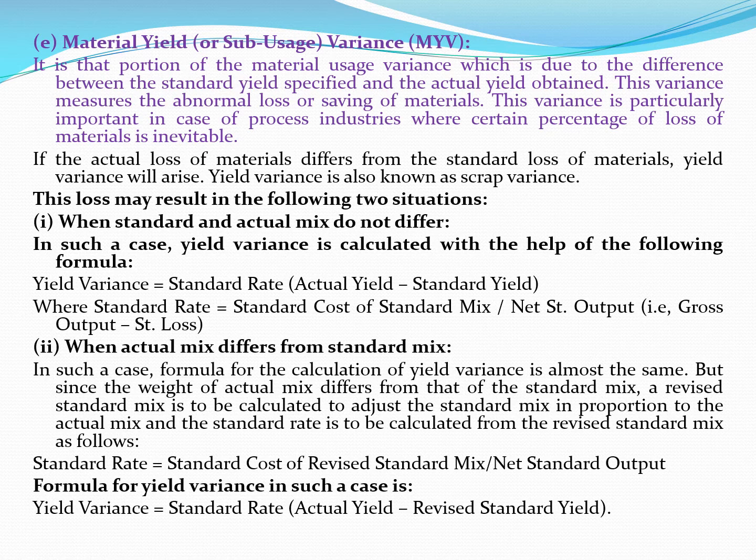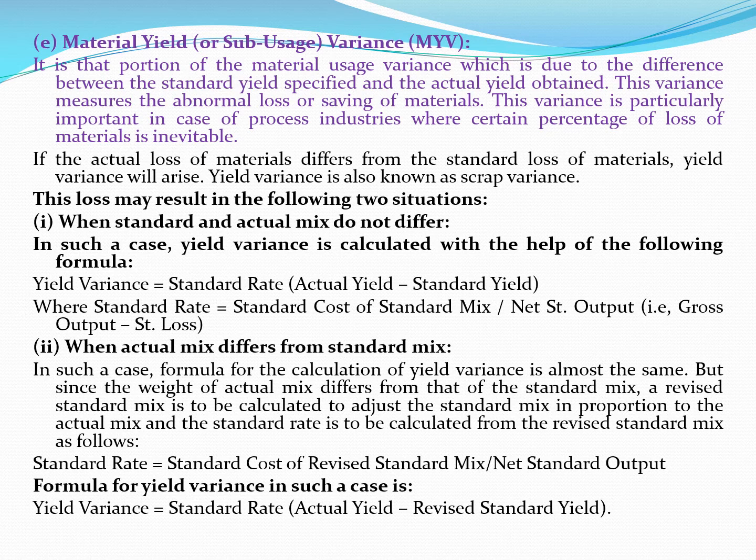The second situation is when the actual mix differs from the standard mix. In such a case, the formula for the calculation of yield variance is almost the same, but since the weight of actual mix differs from that of the standard mix, a revised standard mix is to be calculated to adjust the standard mix in proportion to the actual mix, and the standard rate is to be calculated from the revised standard mix.